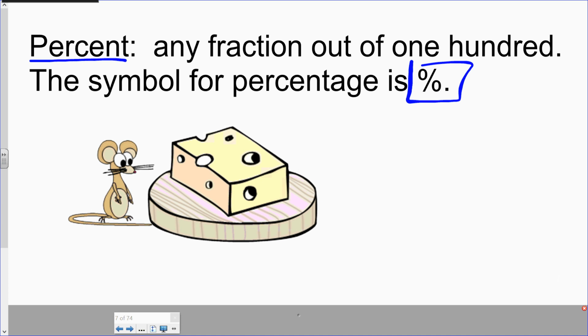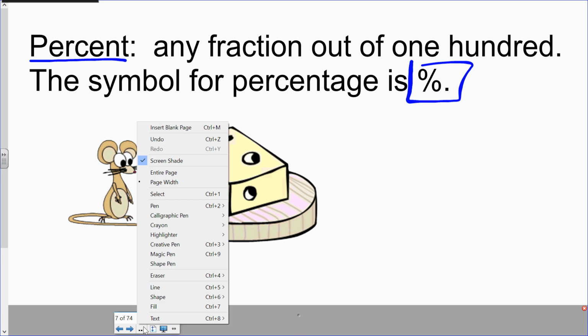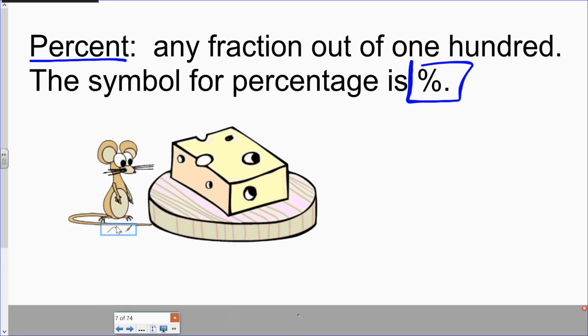Now what I want you to do with this piece of cheese is cut the cheese. You'll see why. Just be patient. 1/4, 2/4, cut into 1/4. Four pieces. Slice that piece of cheese, cut that cheese into 4 pieces.